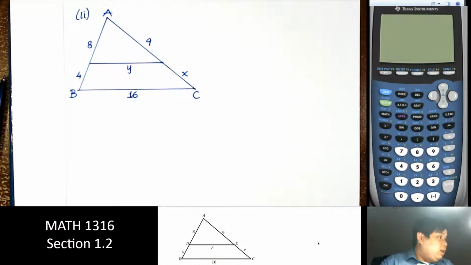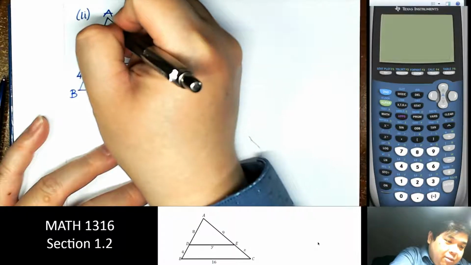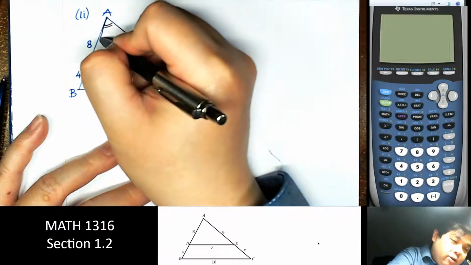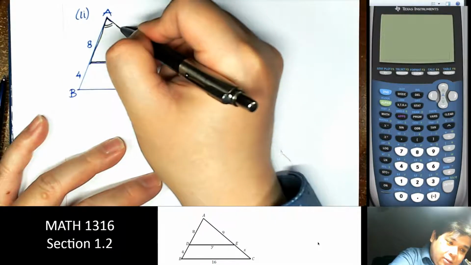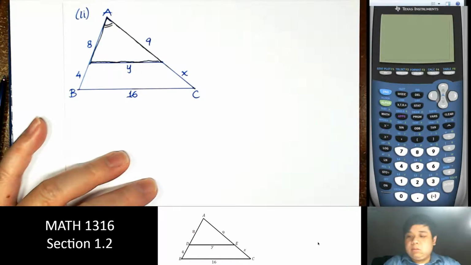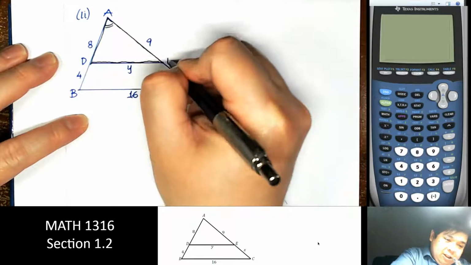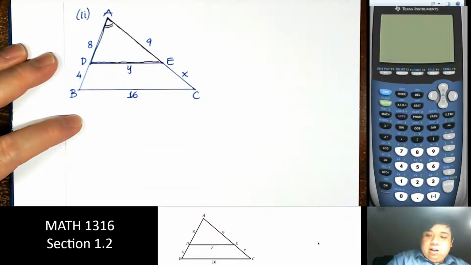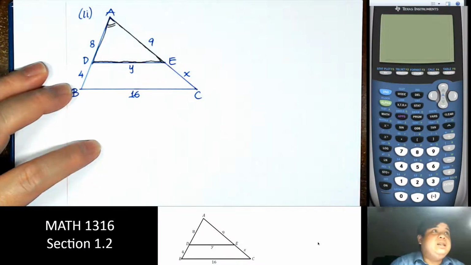Right. What we have, this A angle will be the same. So we're talking about this small triangle, D and E, and the other triangle is ABC.